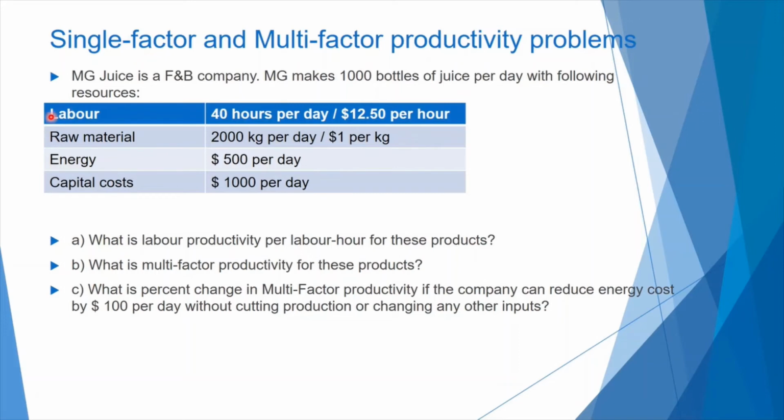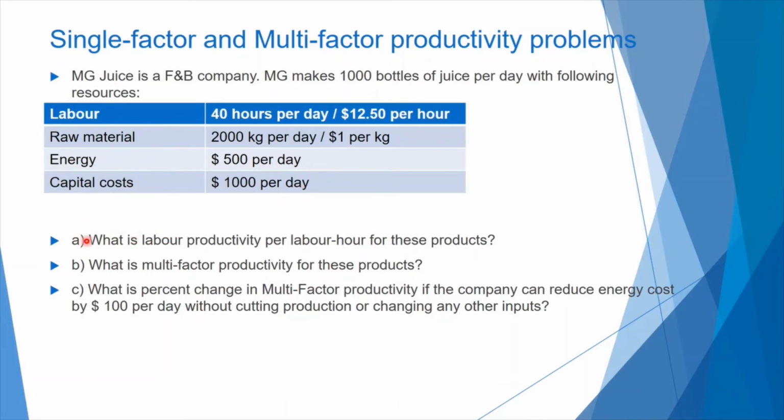The following resources: labor 40 hours per day, $12.50 per hour. Raw material 2,000 kilo per day or $1 per kilo. Energy: the company spends $500 per day. Capital costs $1,000 per day.